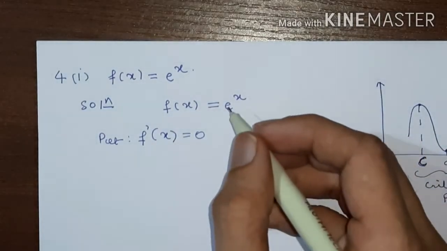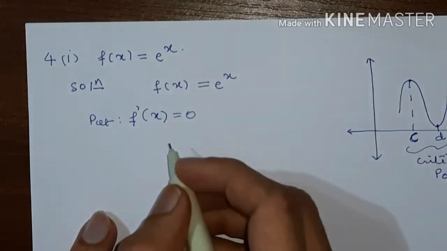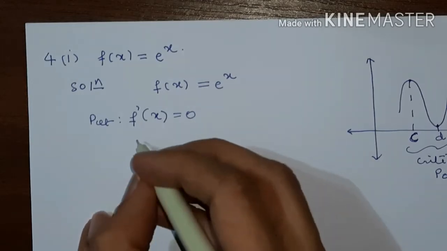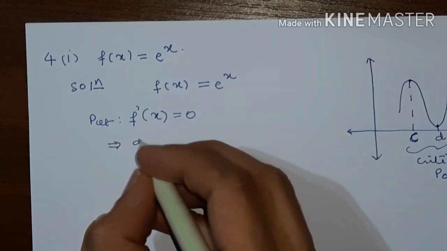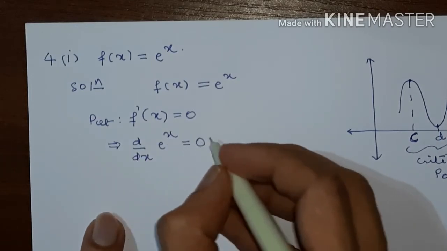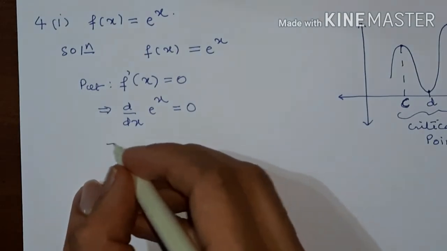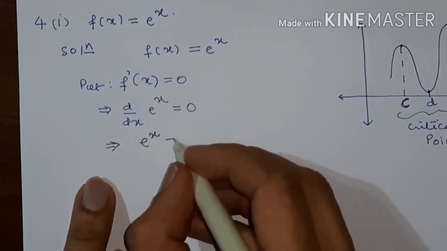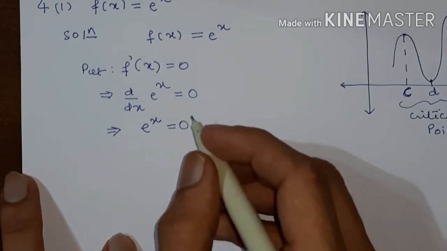This is the step that you do to find the critical points. So let us do that step. f prime of x is equal to 0. That means the derivative of e raised to x is equal to 0. The derivative of e raised to x is e raised to x only, which is equal to 0.